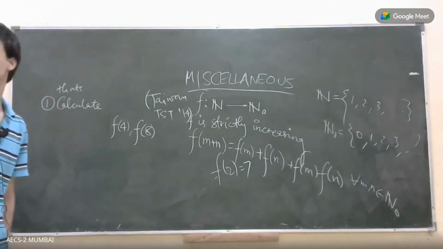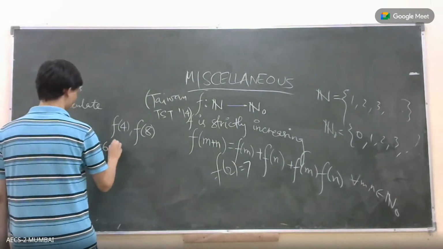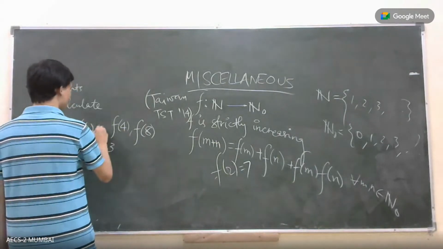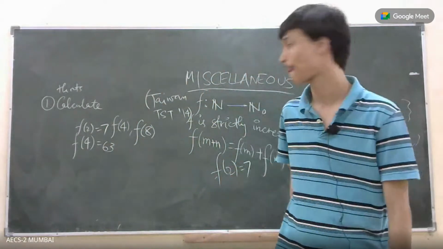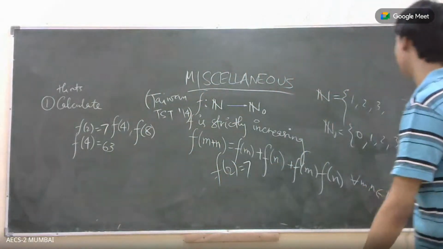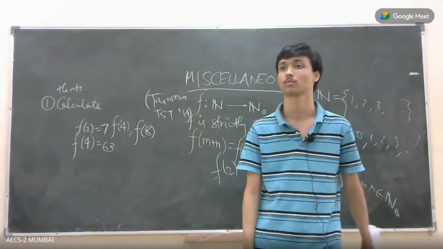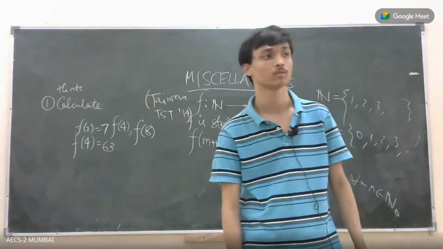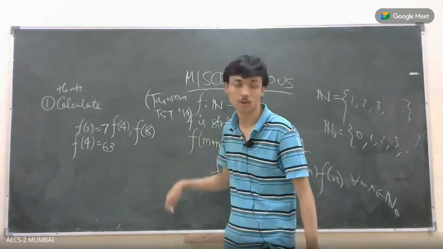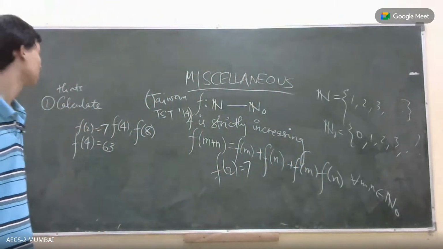63. Very good. What's the value of F8? You have to just put m and n equal to 4, right? You get F8. What's F8? 4095.